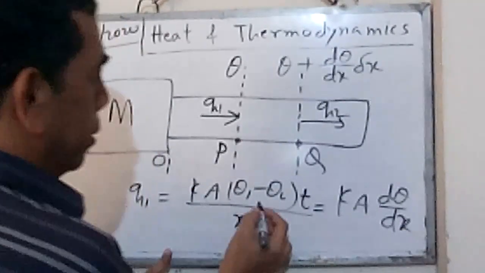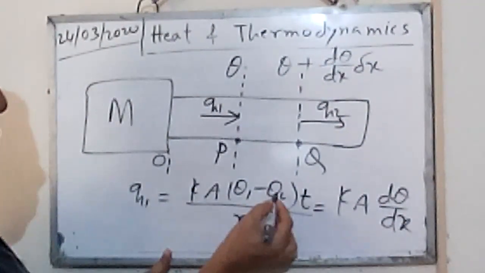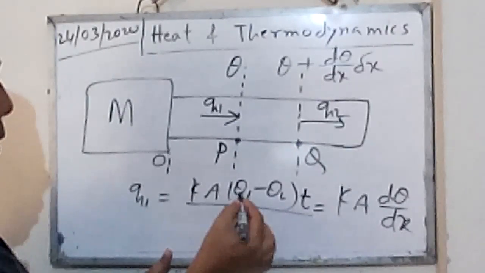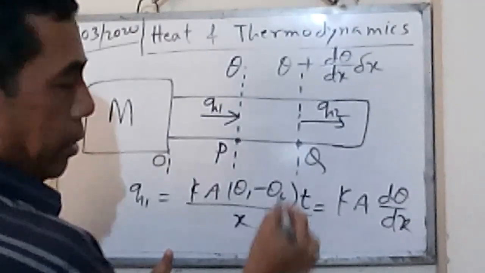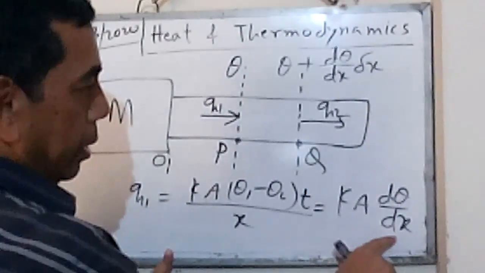d theta by dx, theta 1 minus theta 2 by x, is the temperature gradient. We may write this temperature gradient as d theta by dx.